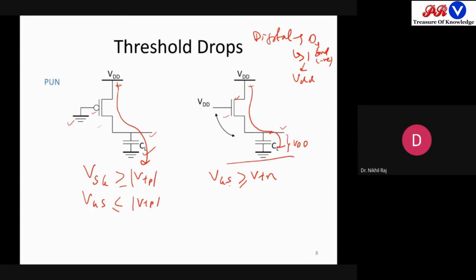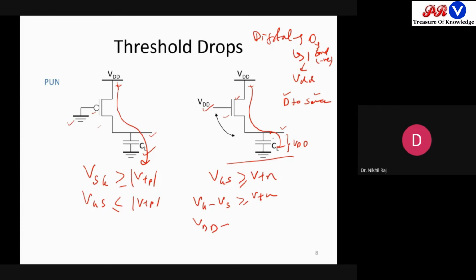So what is VGS here? VG minus VS should be greater than or equal to VTH. What is VG here? VG is nothing but your VDD. What is VS here? For the NMOS, the current always flows from drain to source. This means my drain will be at higher potential and the source at lower potential.